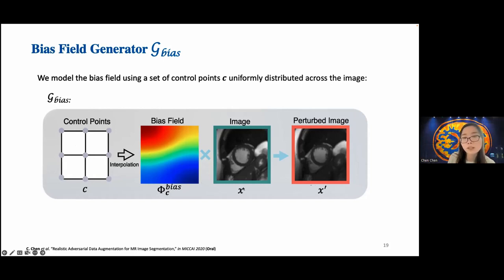Then we multiply it with the image to get augmented images. Normally we can just treat it as a random augmentation each time, but we are not limited to that. We're trying to identify the model weakness by generating adversarial bias fields. How could we do that?